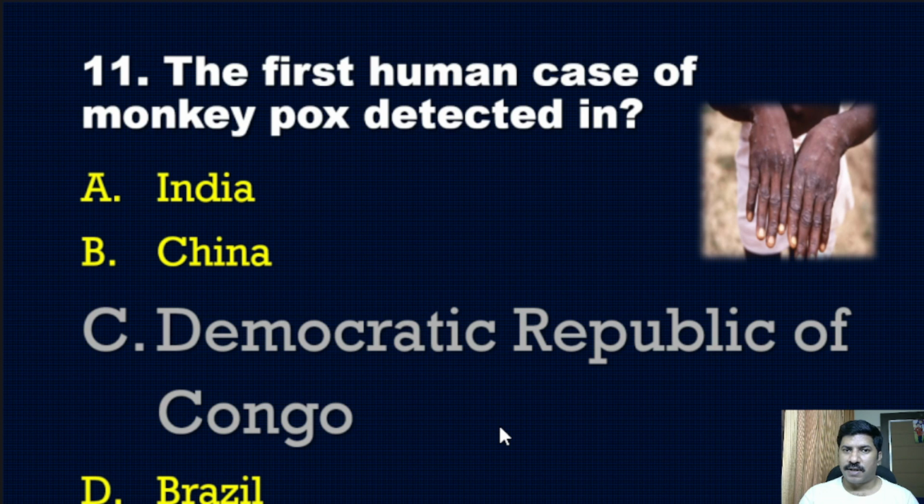So that is an important question that may be asked in upcoming exams. So please remember, the first human case of monkeypox was detected in the Democratic Republic of Congo. At the same time, the first case of monkeypox in India was detected in Kerala, Trivandrum district.